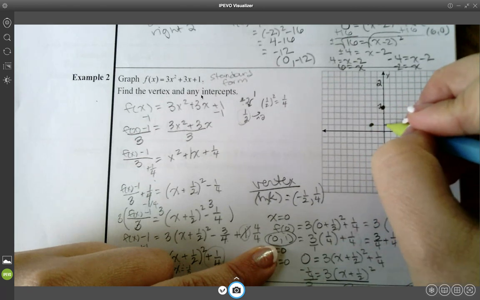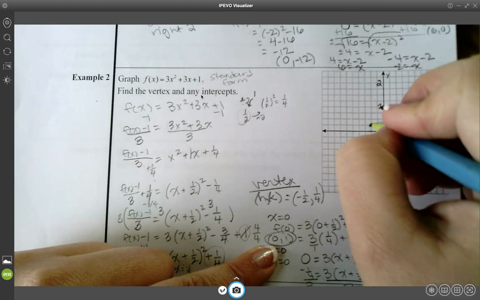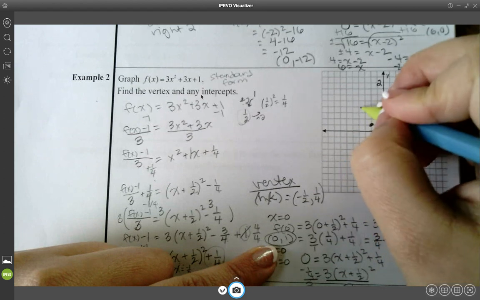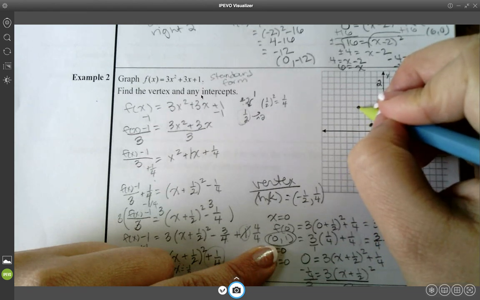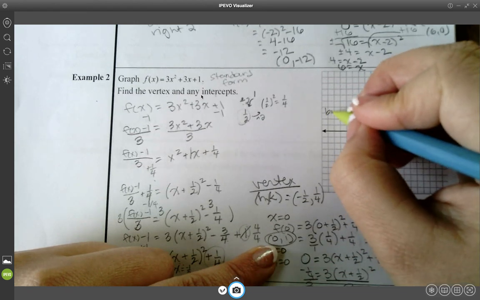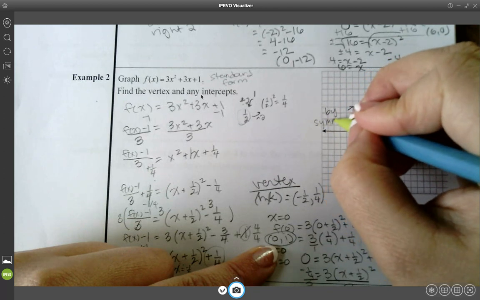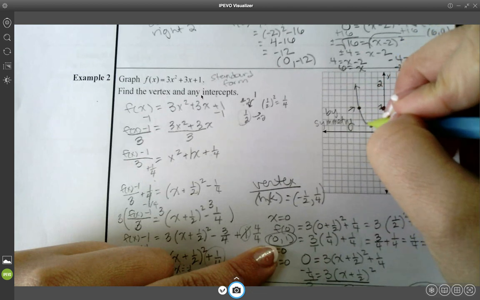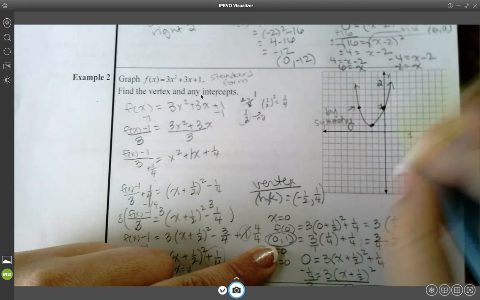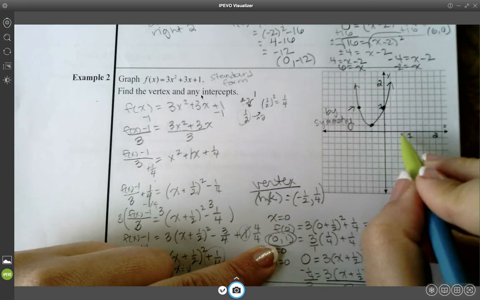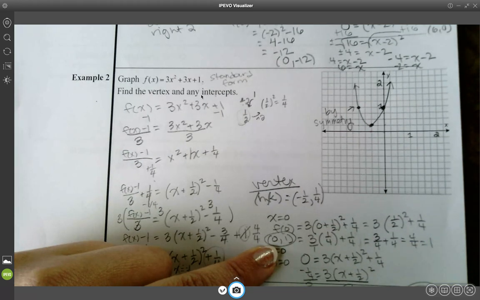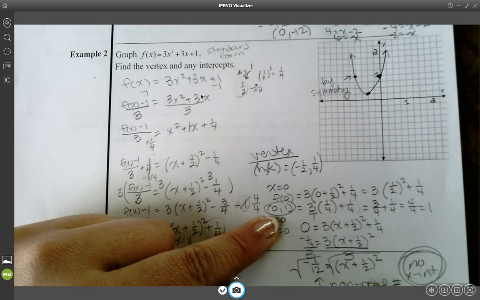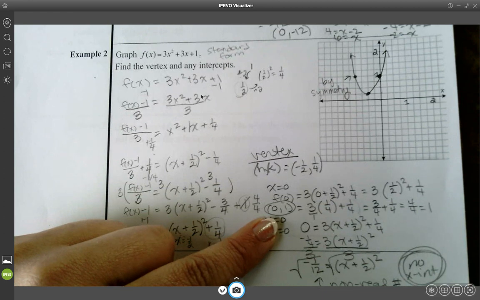Since this goes over 2 and up 3 from the vertex, we can go over 2 the opposite way and up 3, and we have our other point. That one is by symmetry. And so we have this as our parabola. And notice it never crosses the x-axis, which is why we ended up with non-real solutions when we were solving for our x-intercepts.